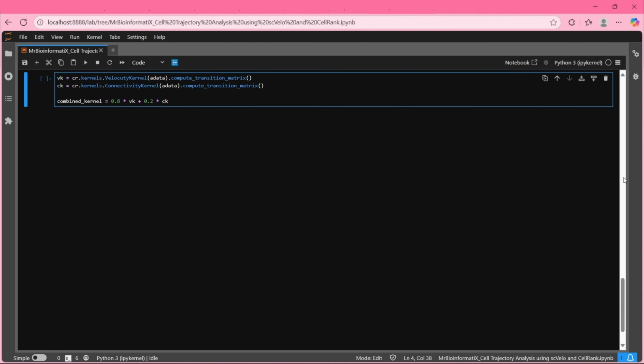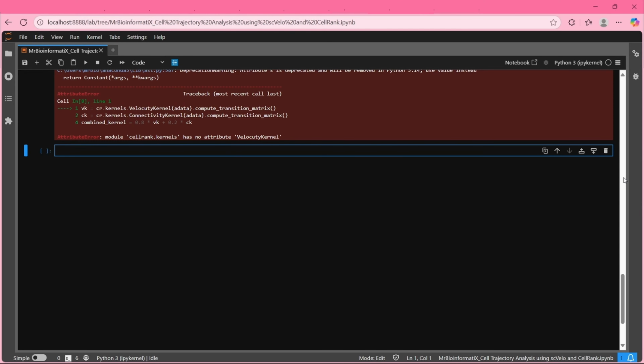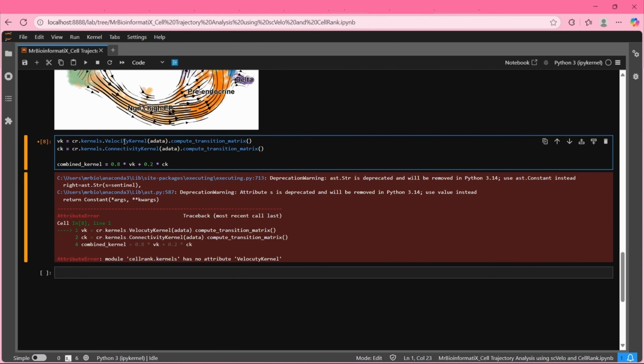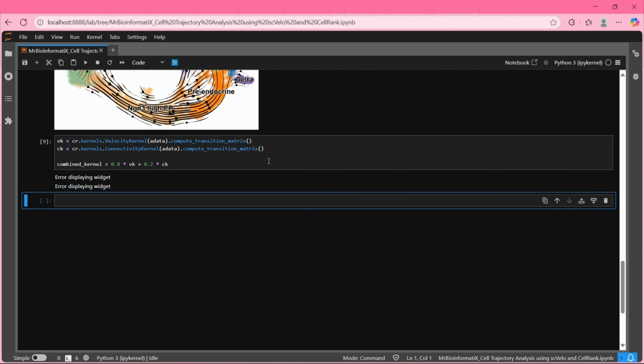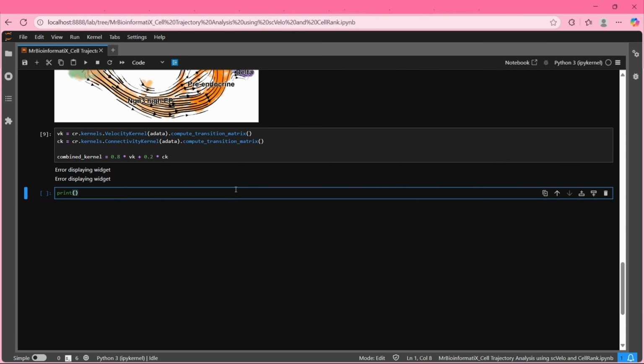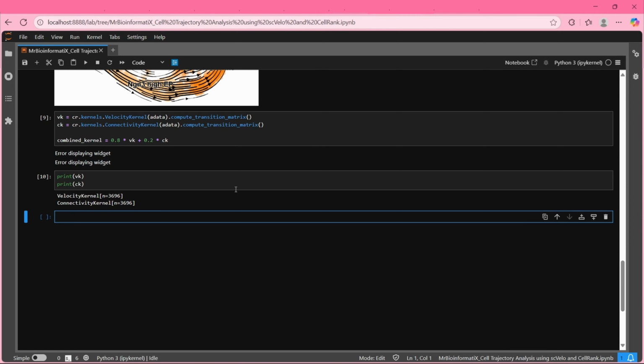Let's run our code. Now let's print them. As you can see, the velocity kernel and the connectivity kernel.